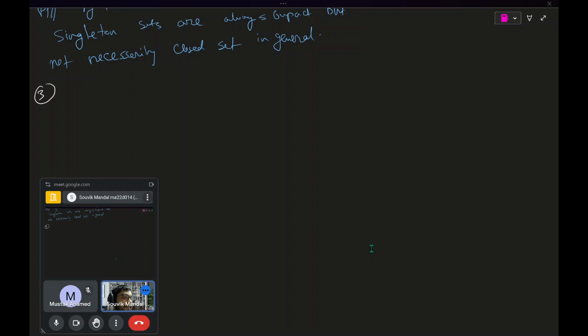Question three is: which of the following are true for Q with the usual topology?